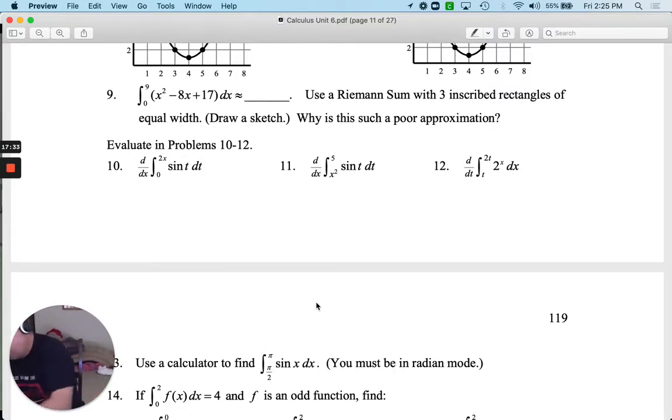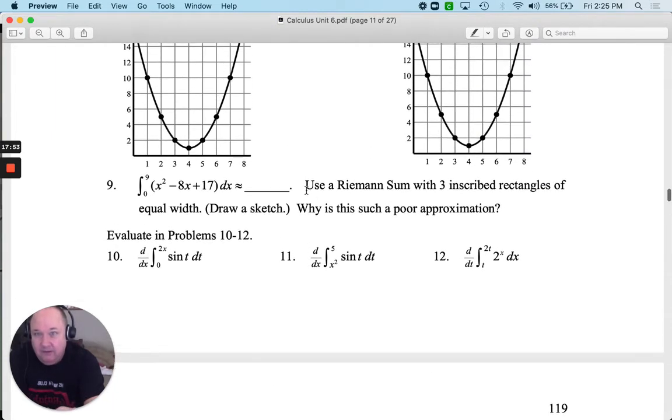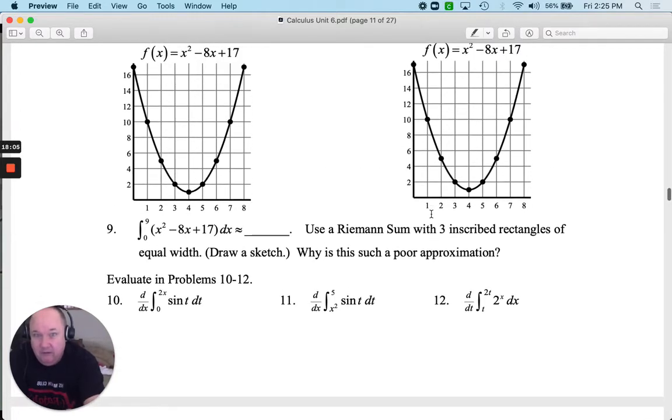So if they're inscribed, so if you're going to use a Riemann sum with 3 inscribed rectangles, that means they're using the points on there. So first of all, the width of each one, top subtract bottom divided by 3. So 9 take away 0 divided by 3. So the width of each one is 3.